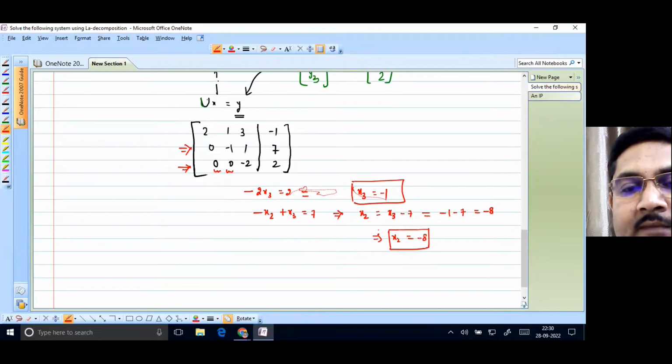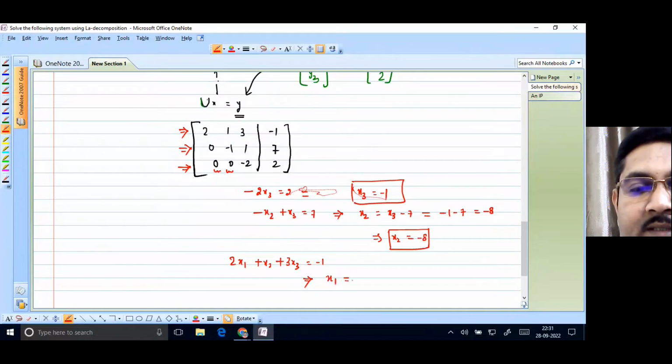And finally, I will jump into the first row and I write the equation. You can see it is 2x1 plus x2 plus 3x3, and that is equal to minus 1. When I substitute all the values, I will get the value of x1.